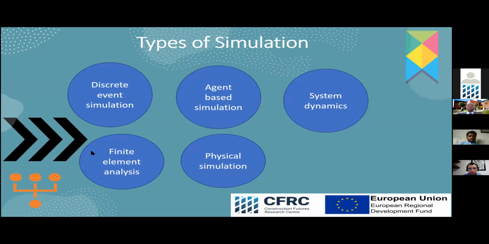Now, for the purpose of our presentation today, our focus is discrete event simulation, which is applied on construction projects. Also, agent-based simulation has application also. So the discrete event simulation is all about trying to make decisions in relation to a particular process.